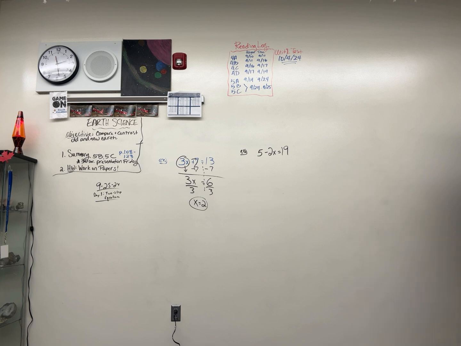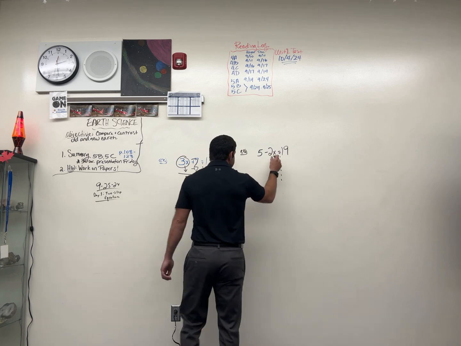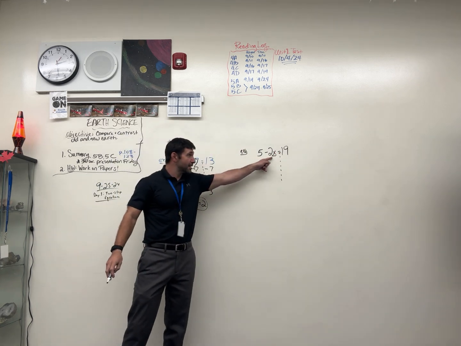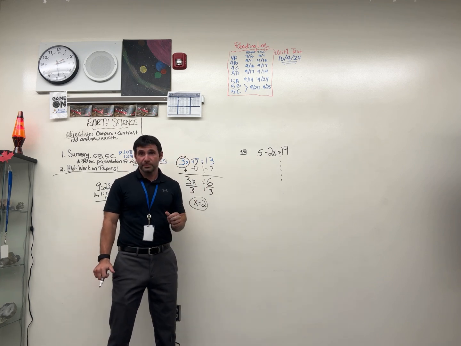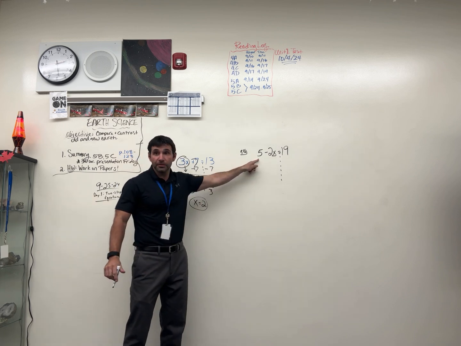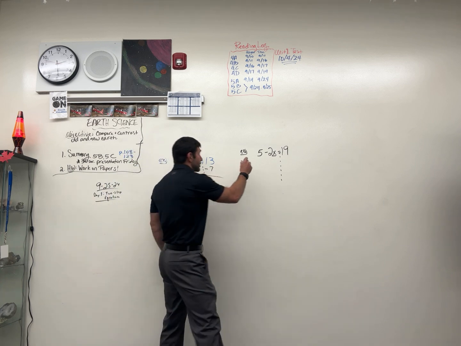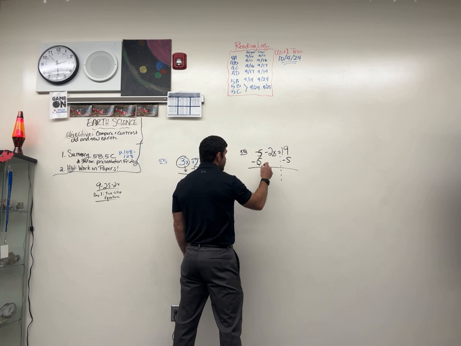Find the balance point. The goal is to get this x by itself. What's the constant? 5. Positive or negative? Positive. So what's the inverse of that positive 5? Minus. So we're going to subtract 5 from both sides. 5 minus 5 is 0.